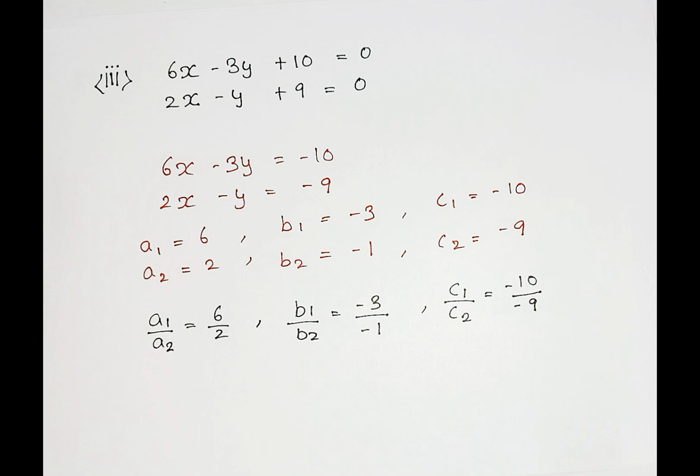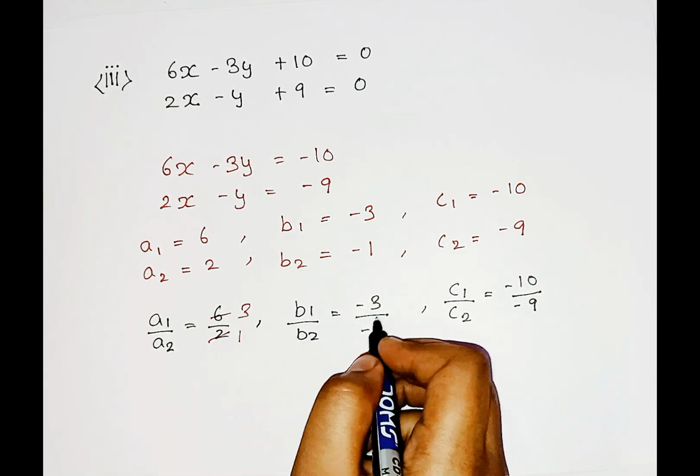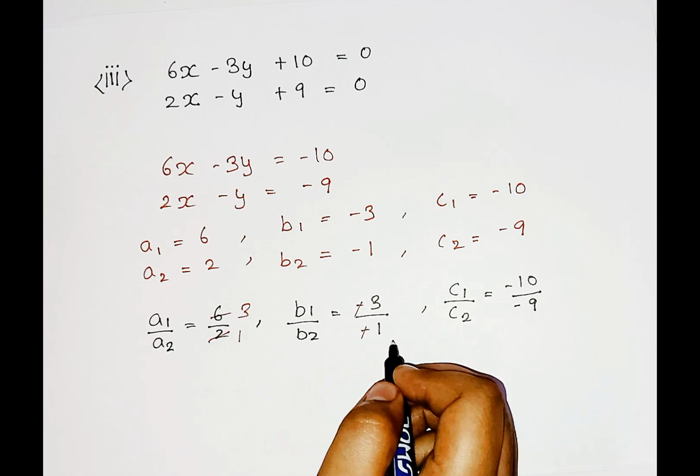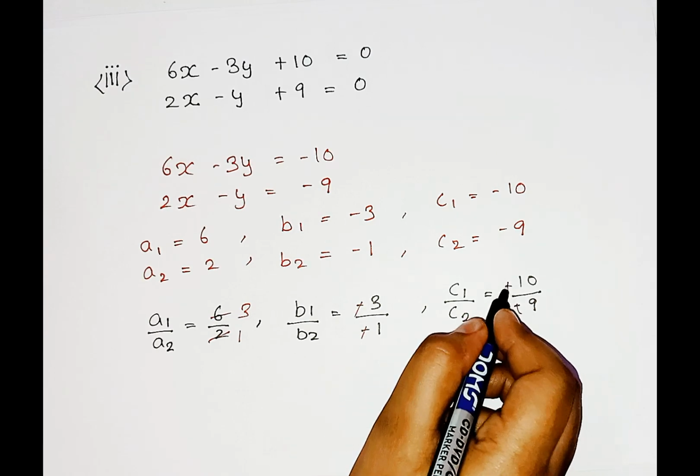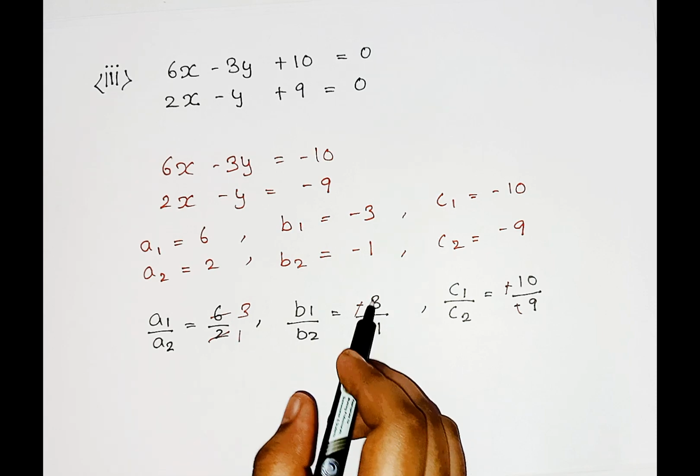Okay, so now we can actually cancel the values. 1 2 is 2, 3 2s are 6, minus let us cancel it, and here let us cancel the minus. So here you can see 3 divided by 1 is equal to 3 divided.